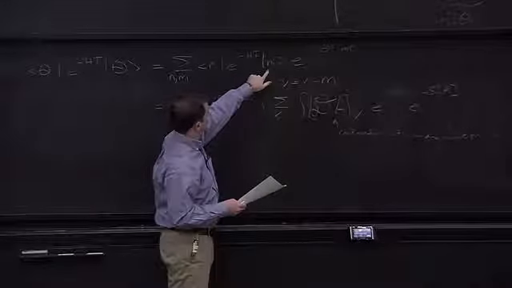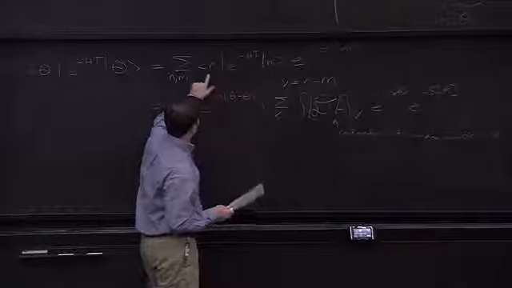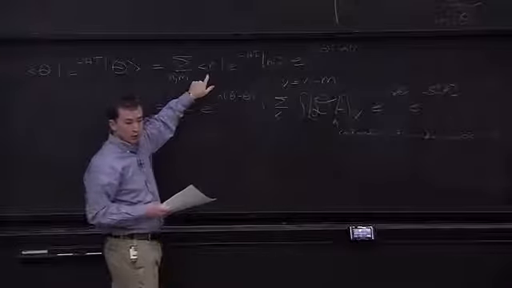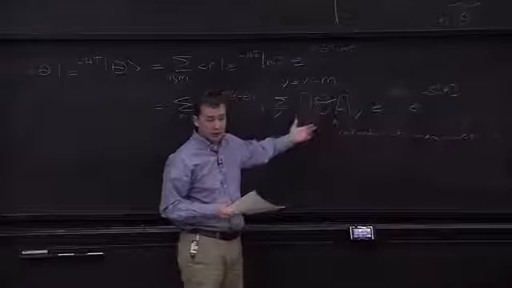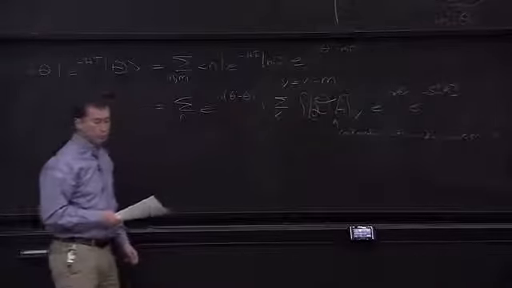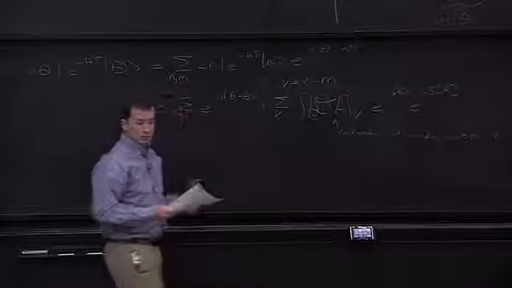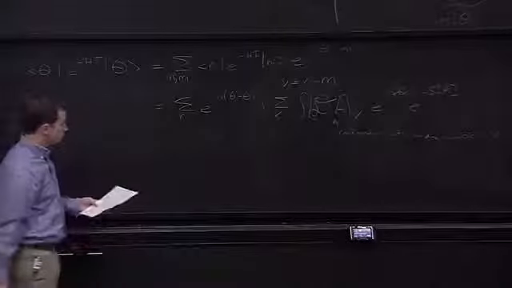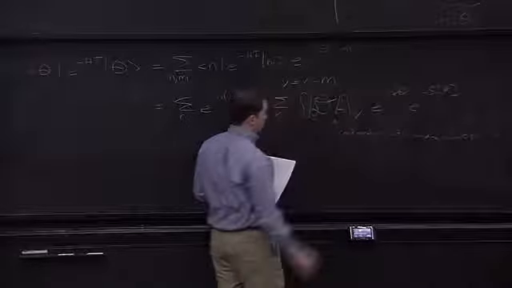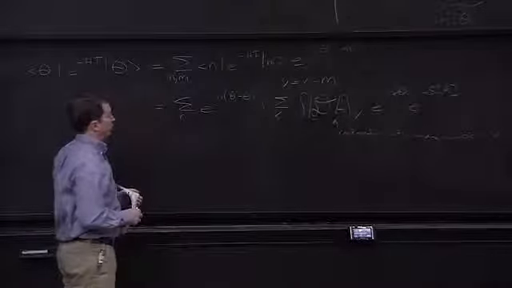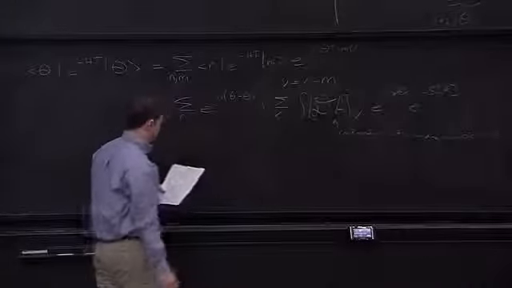So if we want to transition from a state with winding number m to a state with winding number n, the only possible way to do that is to have a gauge field in between with winding number nu that changes the winding number by n minus m. So the winding numbers are added. So we're doing a restricted path integral over some subset of the configurations, and those are the only ones that will contribute.